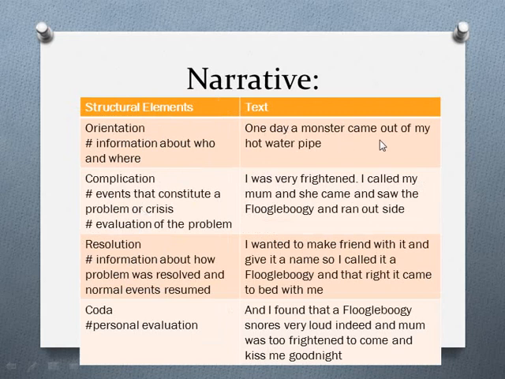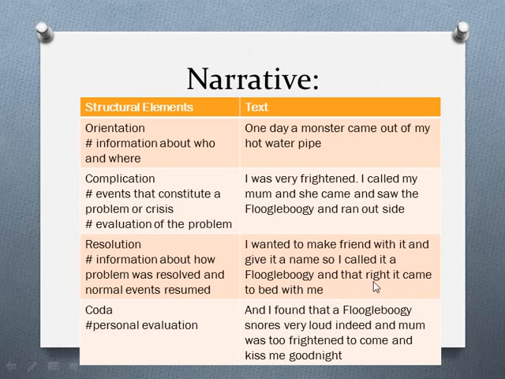One day a monster came out of my hot water pipe. I was very frightened. I called my mom, and she came and saw the flugel boogie and ran outside. Okay, flugel boogie, it's like an imaginary name. So it's a narrative, it usually doesn't happen in real life. I wanted to make friends with it and give it a name, so I called it a flugel boogie, and that night it came to bed with me.